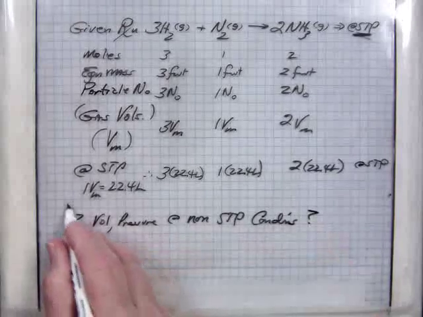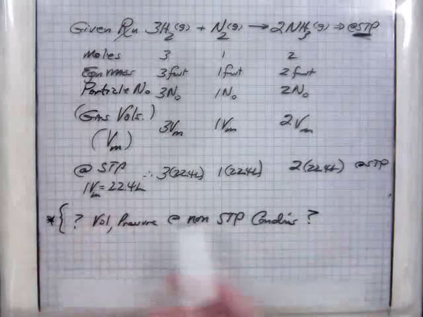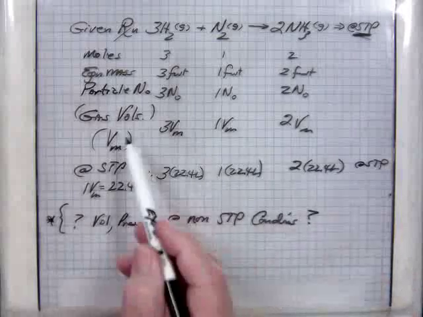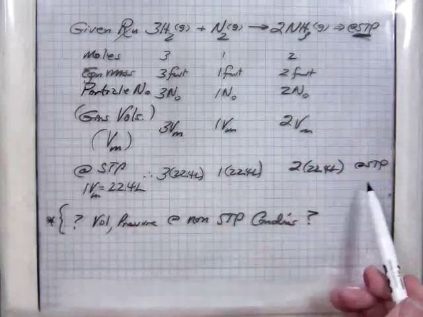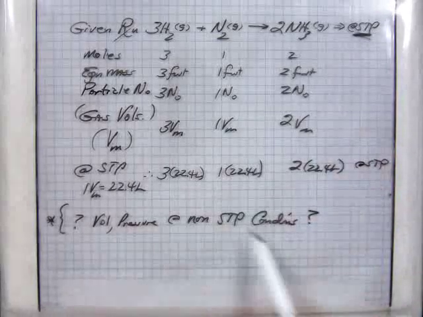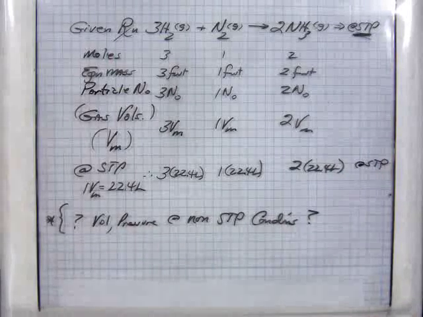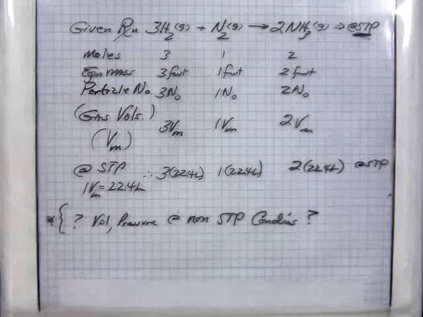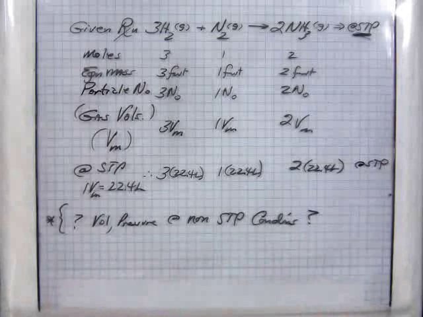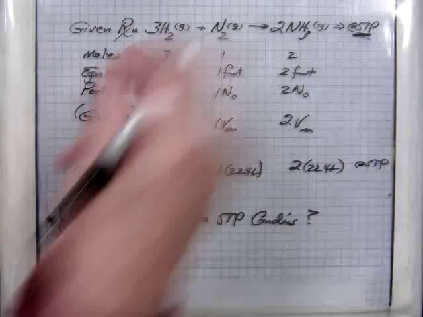That is the big question, because you'll work the problem first in STP terms, and then it might ask, what's the volume if you change the temperature and pressure to this, that, and other? That's the whole point of applying the empirical gas laws. And so that's what we want to show you now. So we want to start with a simple problem.